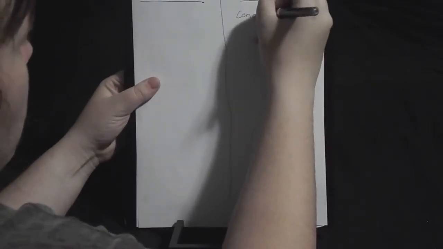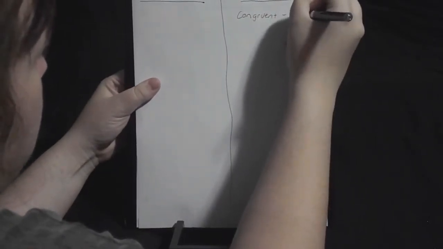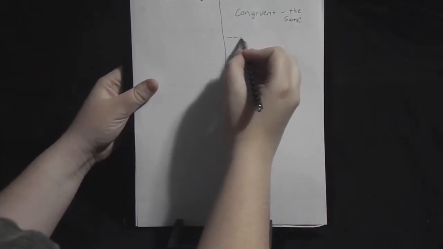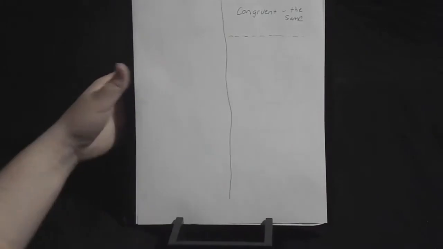And then the second part is how we describe those relationships. The first thing we learned about angle pair relationships was the descriptions. So for example, we learned that the word congruent meant that they were the same. And so that was one type of description.